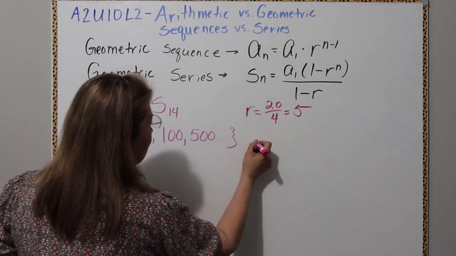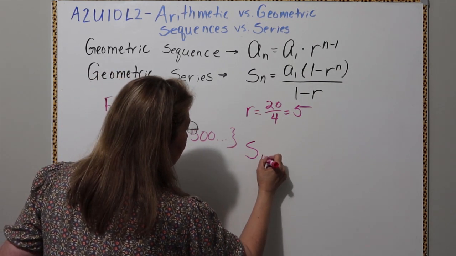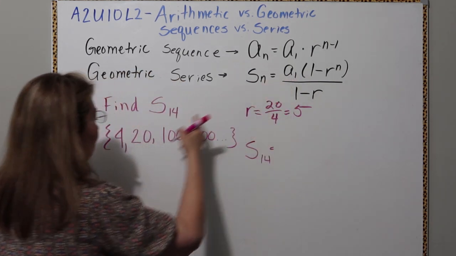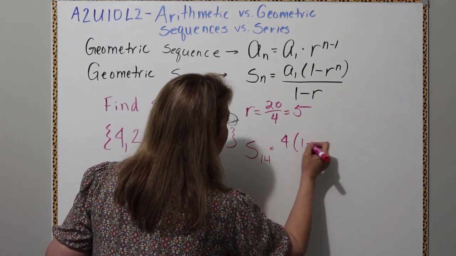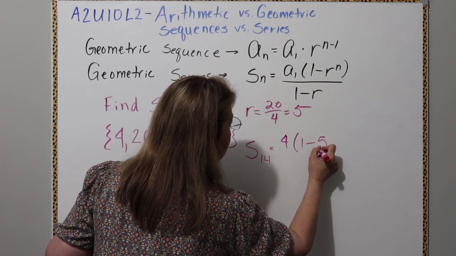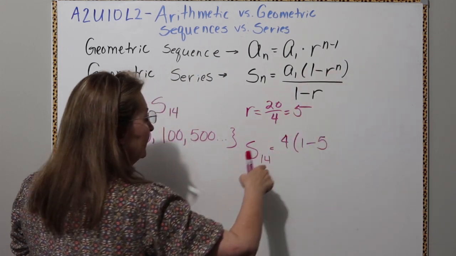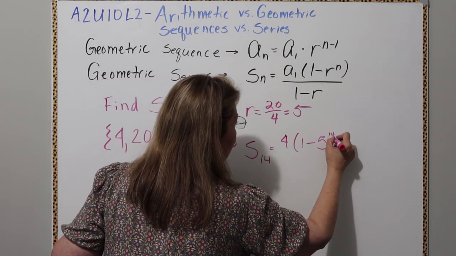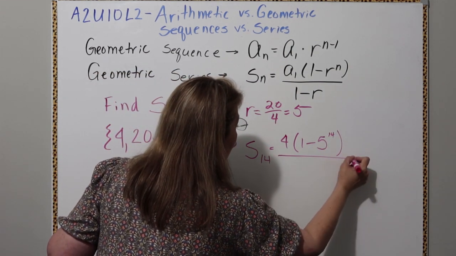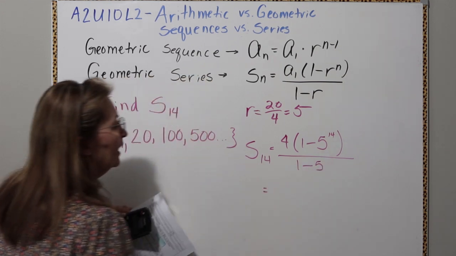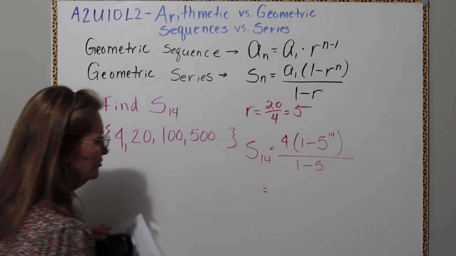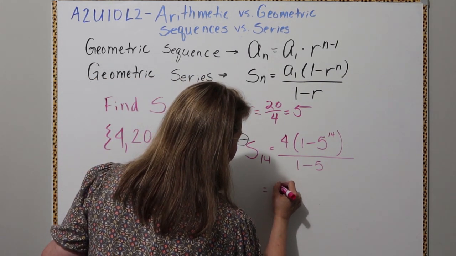So let's fill in and see. They want me to summate 14. A1 is 4 times 1 minus my R, which was 5, to my N again, which comes back over here to 14, over 1 minus 5. Okay? Now, let's do the math on this one. It's not going to be fun, but we have a calculator.